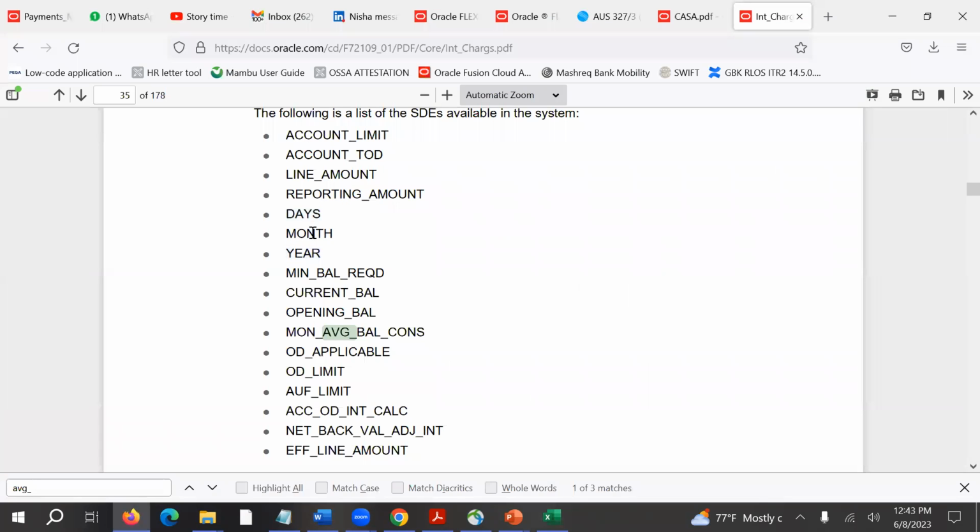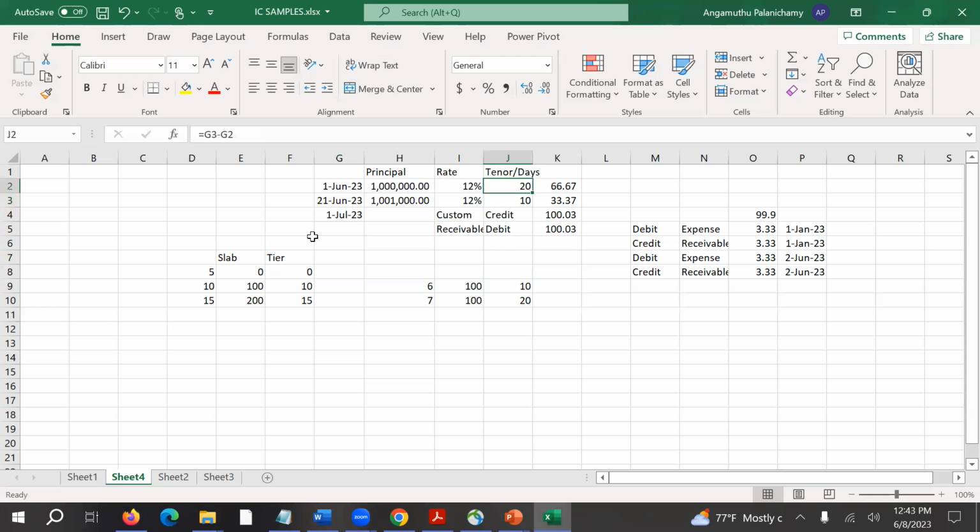And this month, basically, whenever you do the calculation in interest calculation, how many days I'm considering in a month, whether 30 days or 31 days or actual days. Because whenever I define a rate, here I'm saying 12% rate per year. It may be a leap year or it may be a non-leap year.